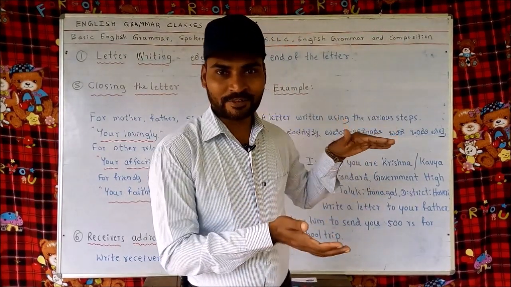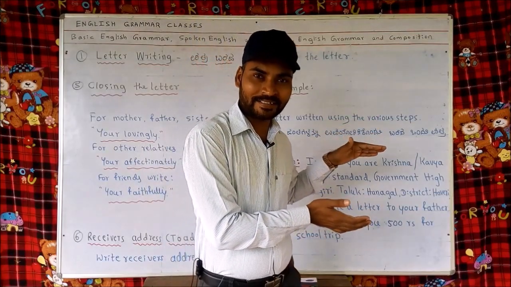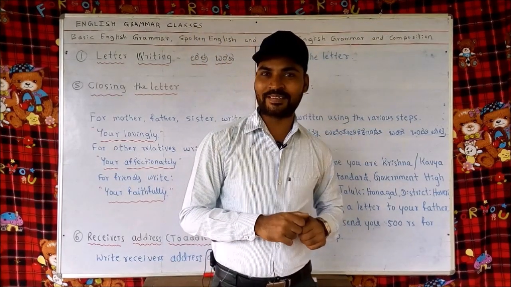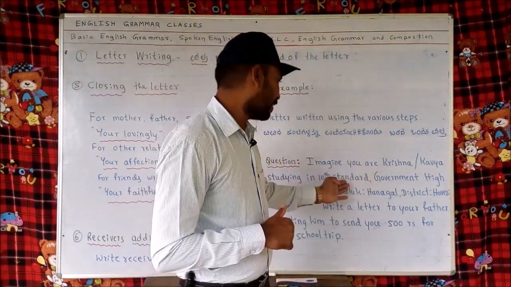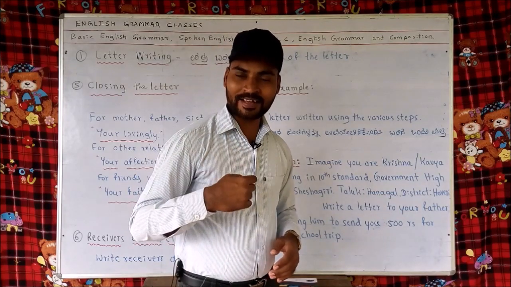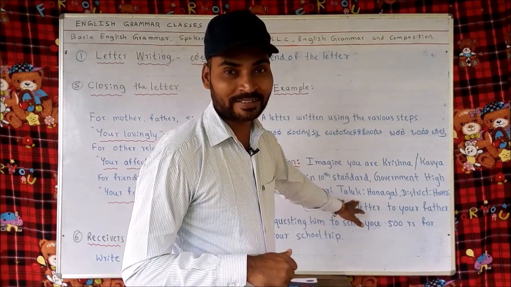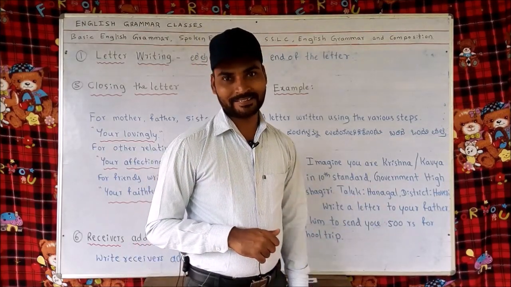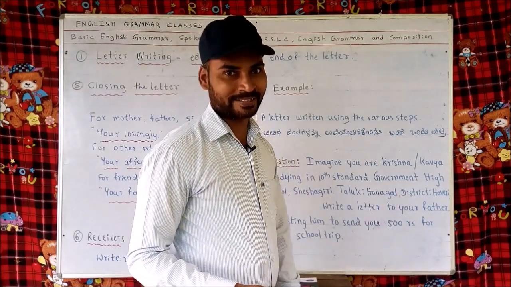Whatever name and address is given in the examination question paper, that name and address we should write in our from address. So here the name Kavya, Krishna is there. We should imagine ourselves as Kavya or Krishna, then write. And the address also, this Government High School, Seshagiri, Taluk Hangal, District Haveri, not your own address. This address we should mention.